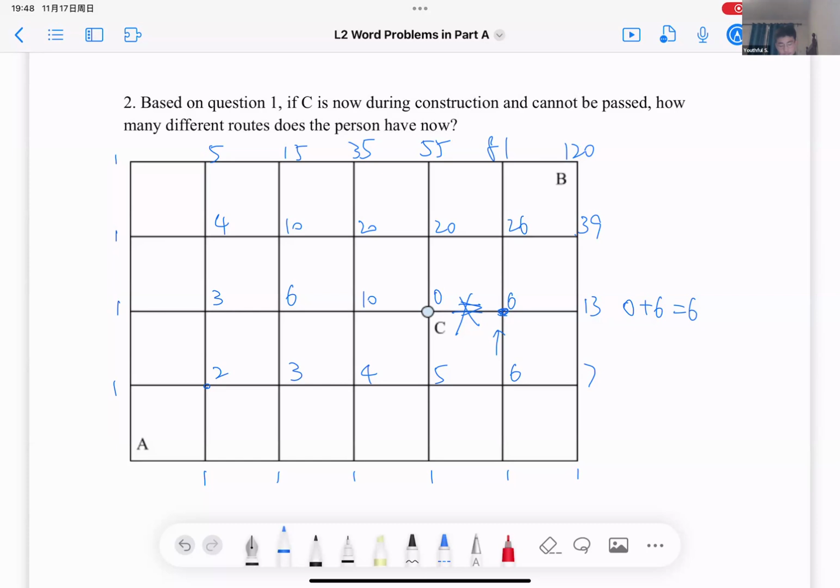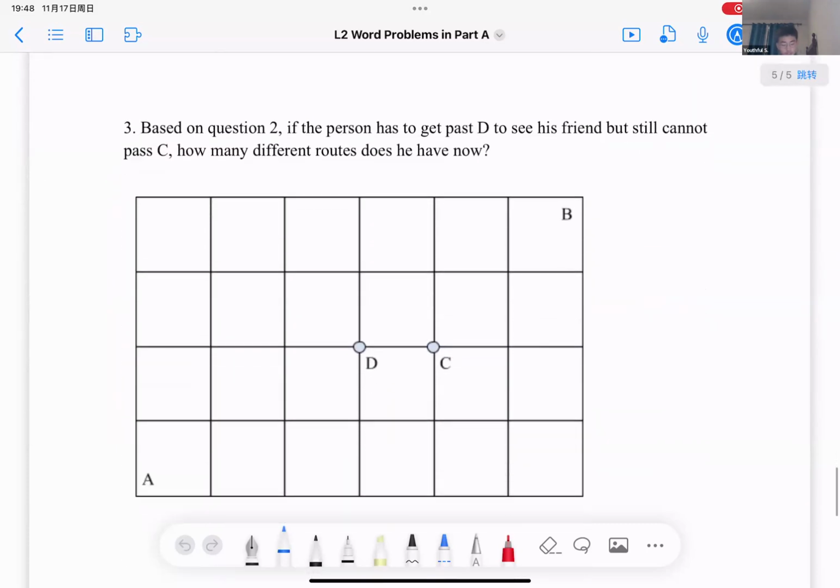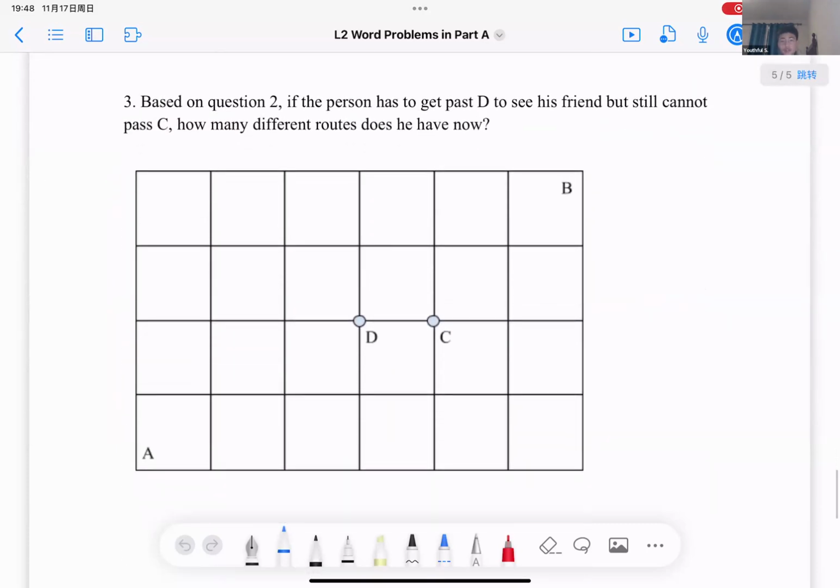Okay. So let's move on to the last question we have today. Based on question 2, if the person has to get past point D to see his friend, but still cannot pass C, how many different routes does he have now? Just imagine he's going to his friends to play some video games and stuff.